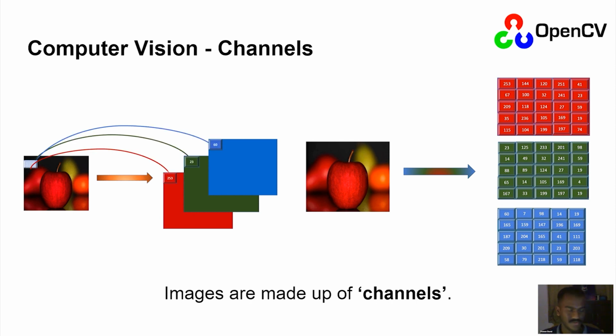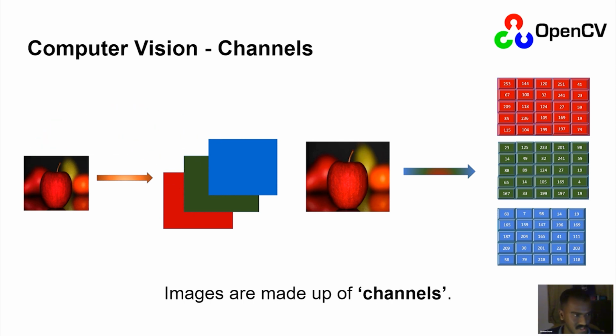All of these pixels form together as channels. So images are made up of channels. Over here we have a picture of an apple, and this is made using red, green, and blue channels. You can see that each of those channels has its own values. These are three different two-dimensional matrices, and when you merge them, you get the entire RGB image.